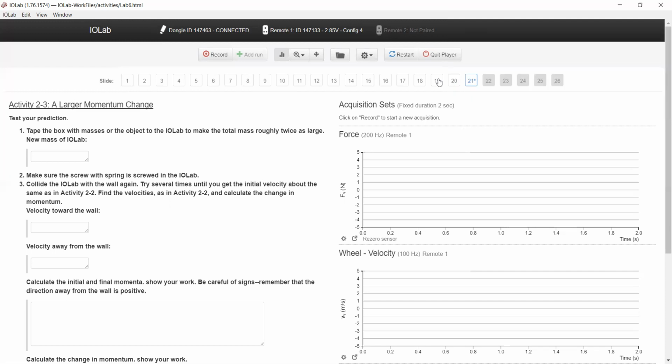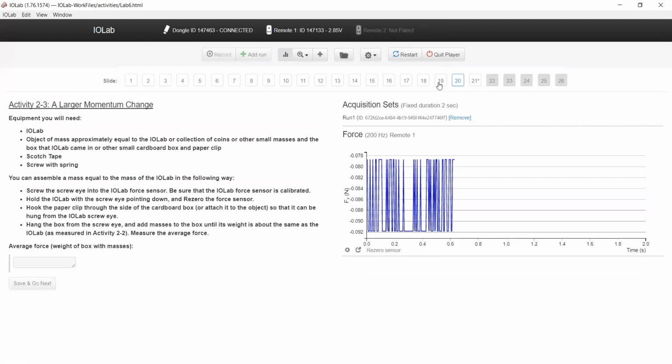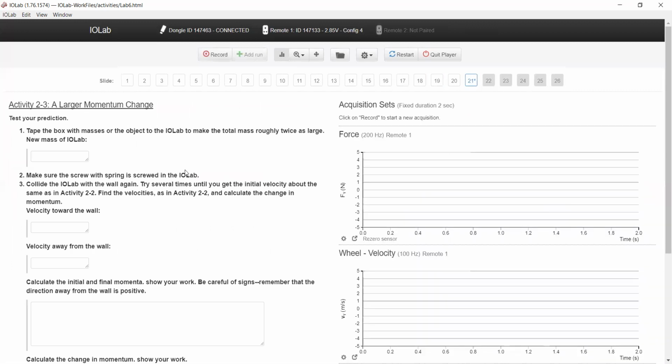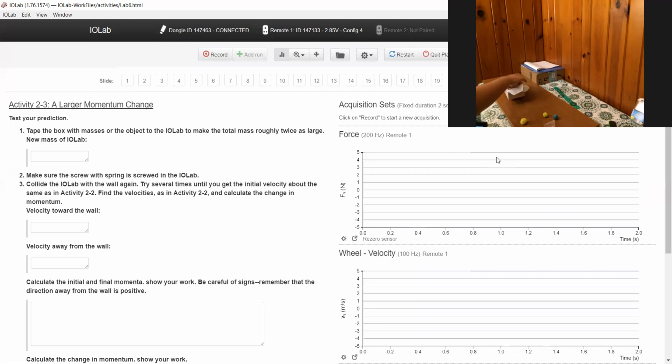What we had in activity 2.2, you already know how much that is. Initial velocity was around 0.32, 0.28, you can see it just initially before collision. So you will give the push with the double weight, with the same concept.